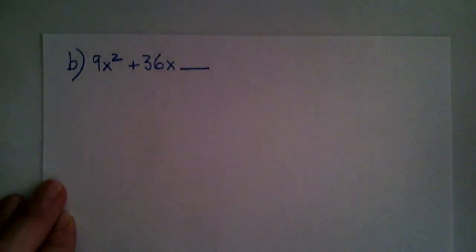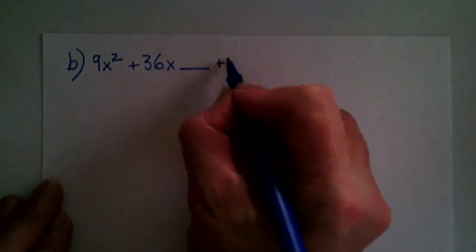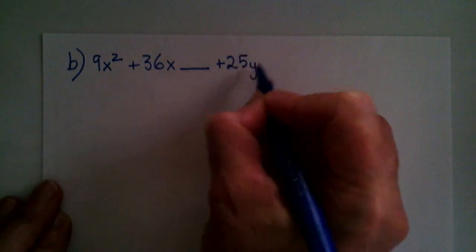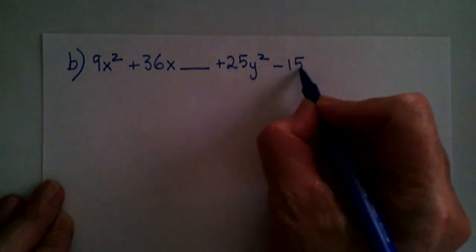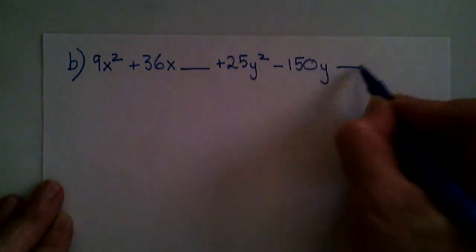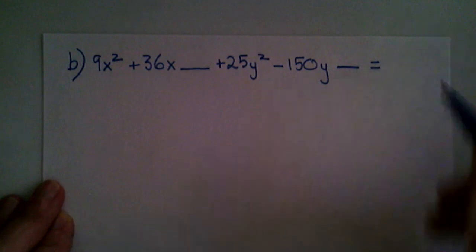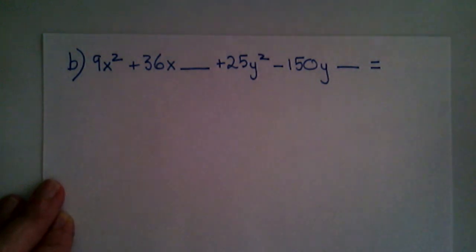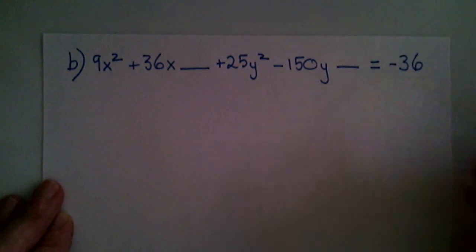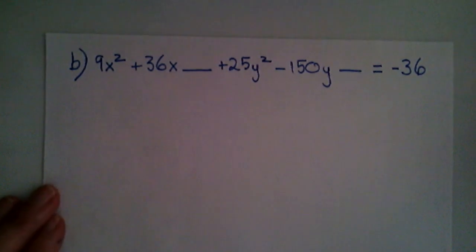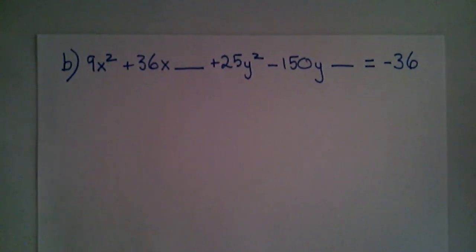And then we're going to find our y squared, which is plus 25y squared minus 150y, leave a gap, is equal to, take your 36 and put it on the other side. So negative 36.